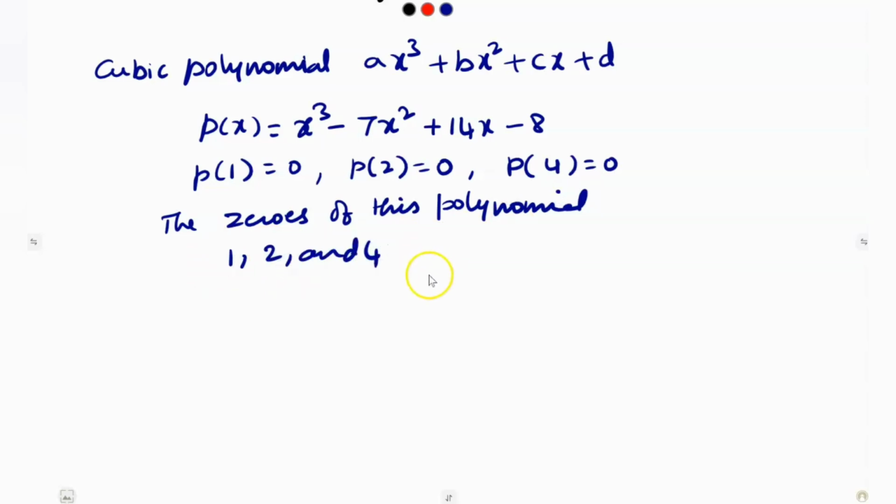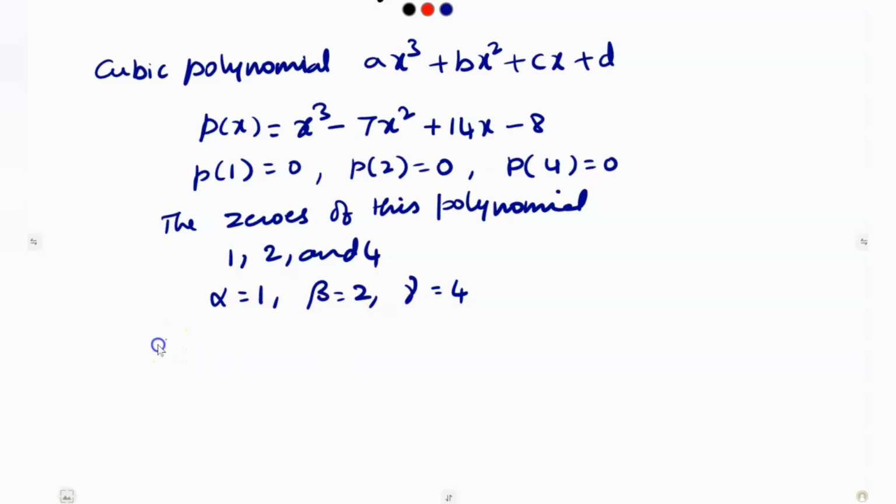Now, in general, let us represent the zeros of the polynomial as alpha, beta and gamma, where alpha is 1, beta is 2 and gamma, the third zero, is 4.